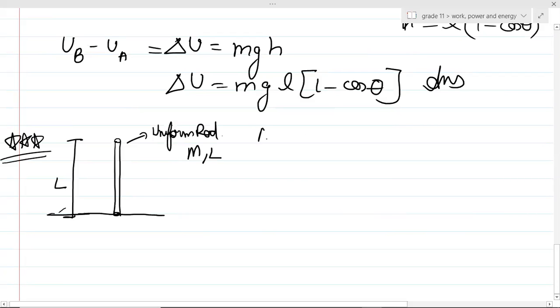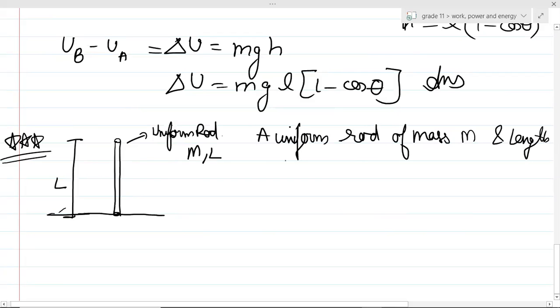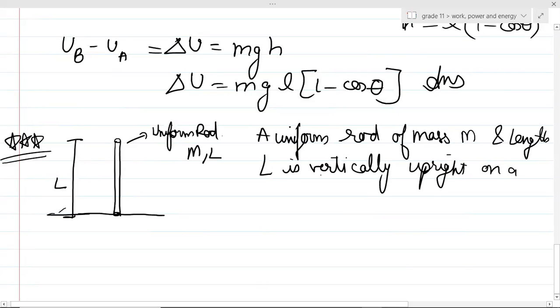Now the question is, I'll write the question because it's the first time you will be encountering the small element method. A uniform rod of mass capital M and length L is vertically upright on a horizontal surface, as shown.